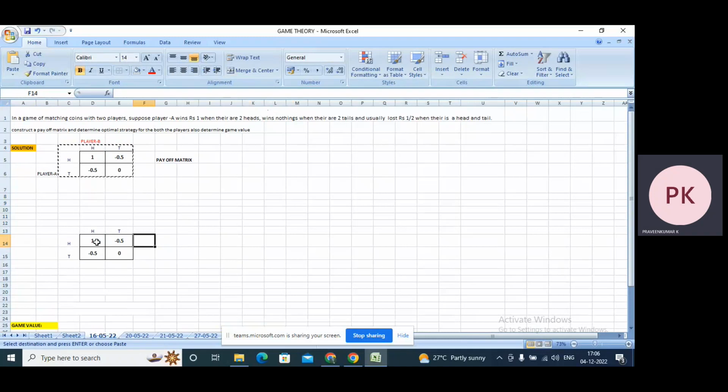I'll take the difference: 1 minus of minus 0.5, that is 1.5. Similarly, this side, 0 minus of minus 0.5, that is 0.5. Similarly, with respect to vertical, 1 minus of minus 0.5, that is 1.5, and 0 minus of minus 0.5, that is 0.5.